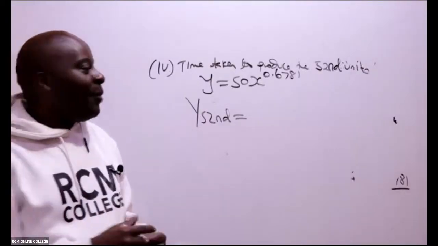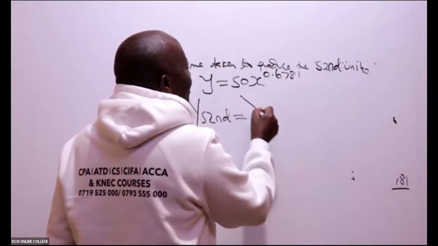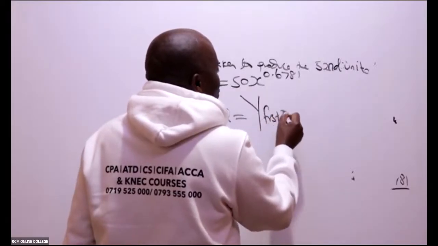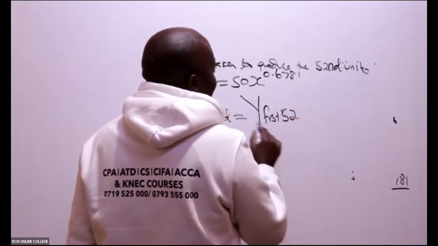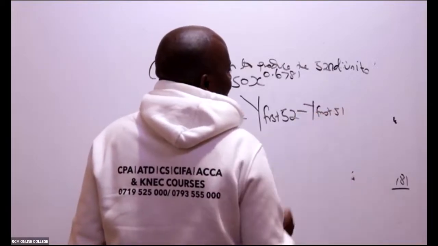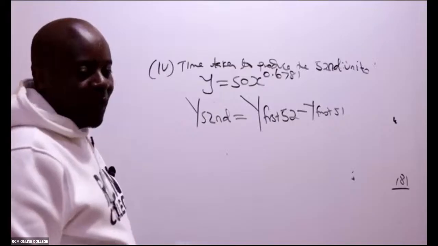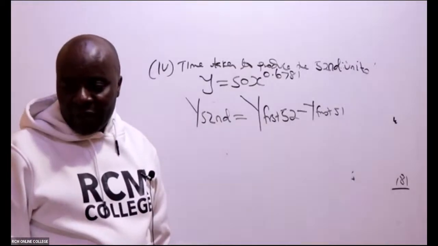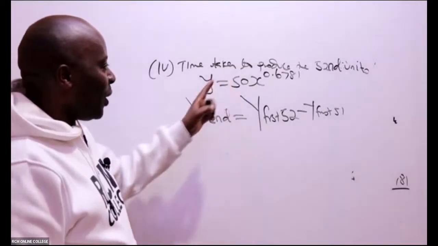We are going to cut, because here, what they are telling us is, Mwalimu, take all the first 52, and then you cut first 51. And then remember, this one is applicable.